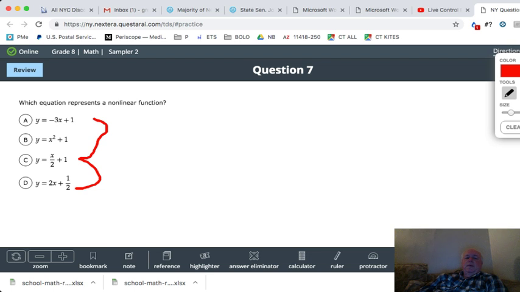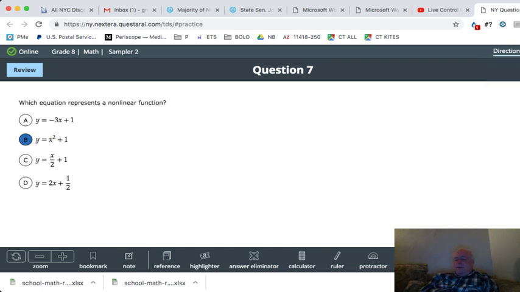And B, m is 2, so the one that stands out different is B. Another consideration is that in a linear function, you can't have anything squared. We only have first order things, we only have x to the 1. We can't have x to the 2 or x to the 3 or something like that. So question number 7 is more or less a definition asking what is a linear function or not a linear function. So 7 is B. Yep.